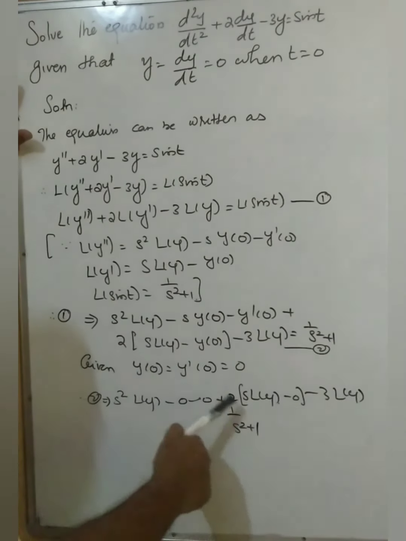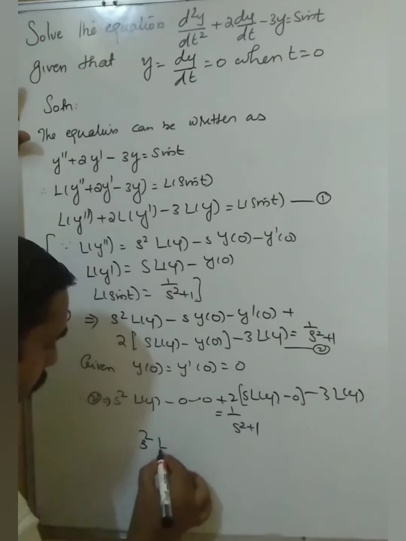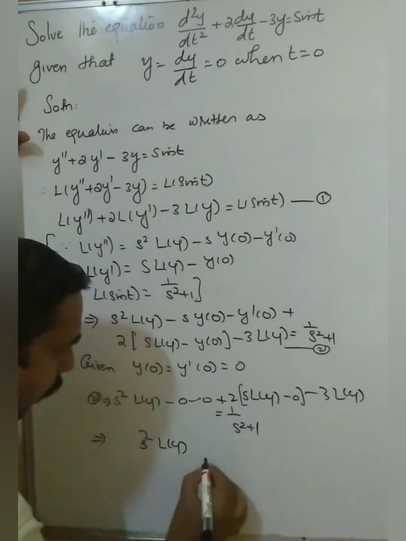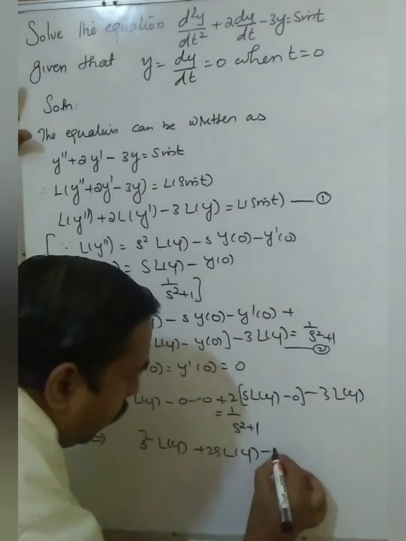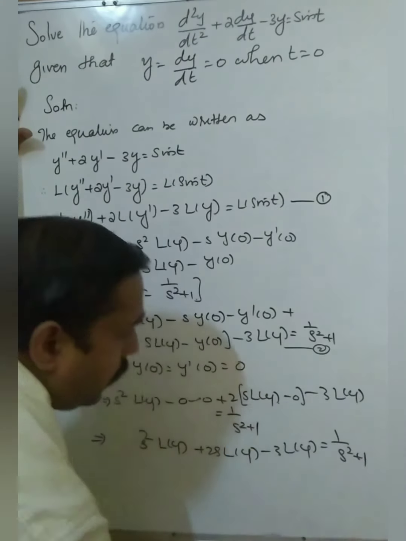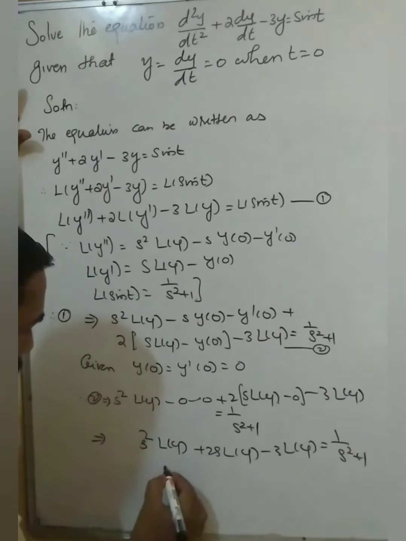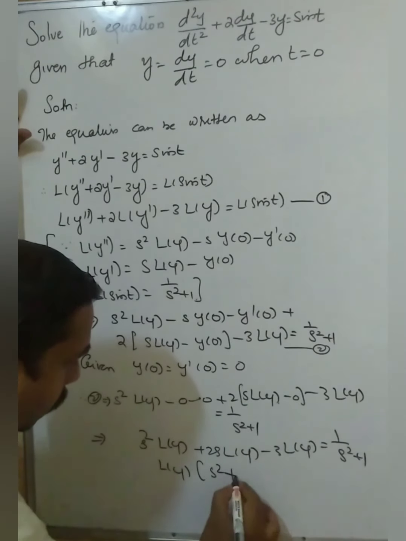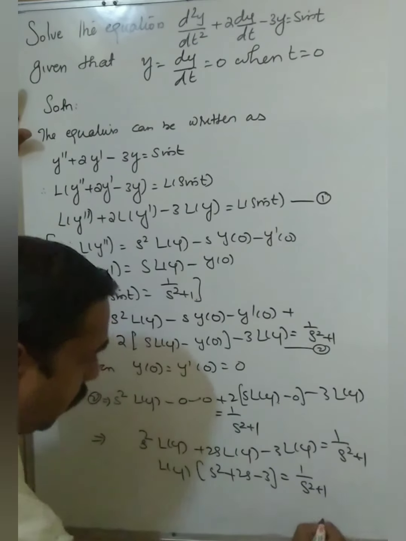Now this is fully 0, so the remaining terms: s square into L of y plus 2s into L of y minus 3 into L of y equal to 1 by s square plus 1. So L of y is common, that is L of y into s square plus 2s minus 3 equal to 1 by s square plus 1.